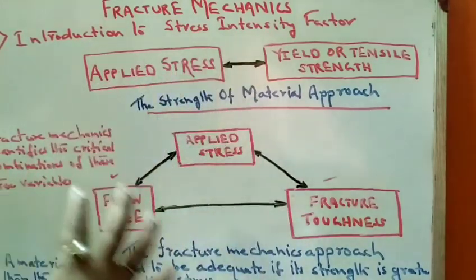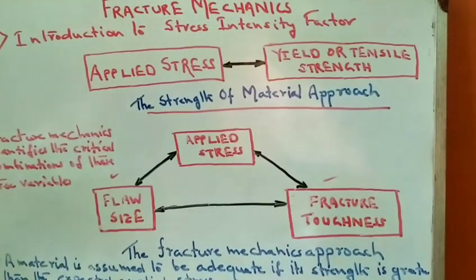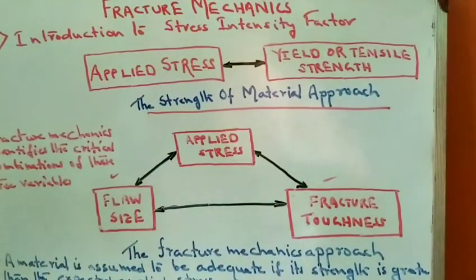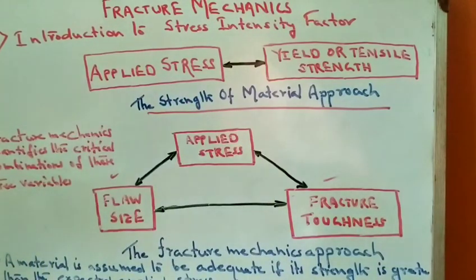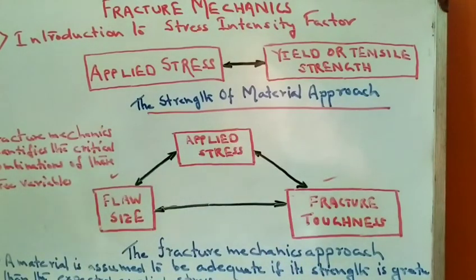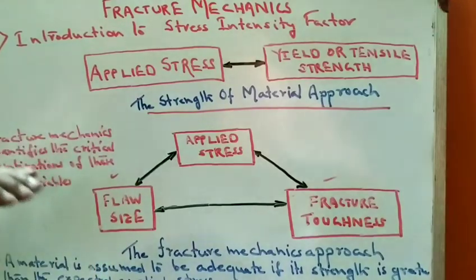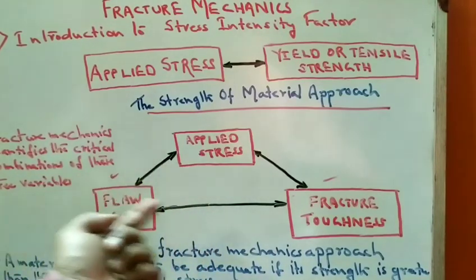Instead of the primitive study of strength of material, which depends only on the yield strength, fracture mechanics depends on both the flaw size and the fracture toughness. Flaw size basically means the crack size, or any void. These things are considered in fracture mechanics.